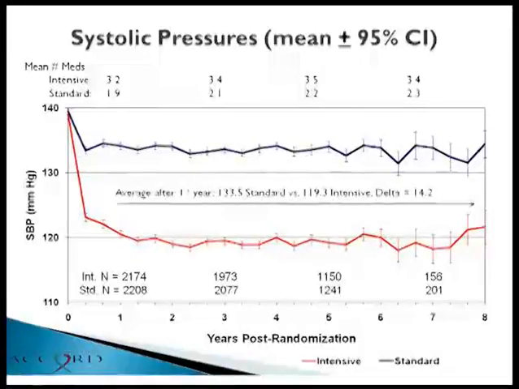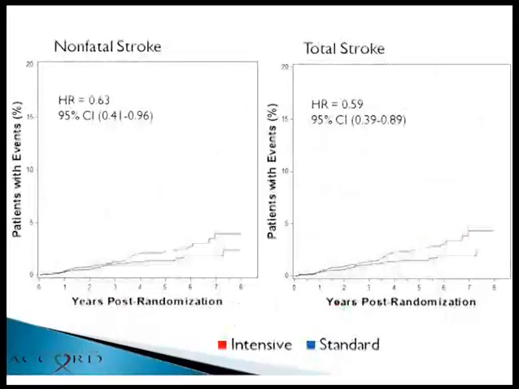I have a different view of the ACCORD study, which has been recited so many times, on whether the blood pressure should be aggressively low or super low. You see here there is a blood pressure, let us round it off, 130 systolic, 120 systolic, and there was a tendency for reduction in stroke.